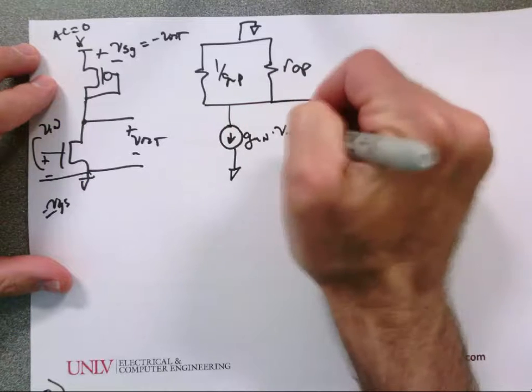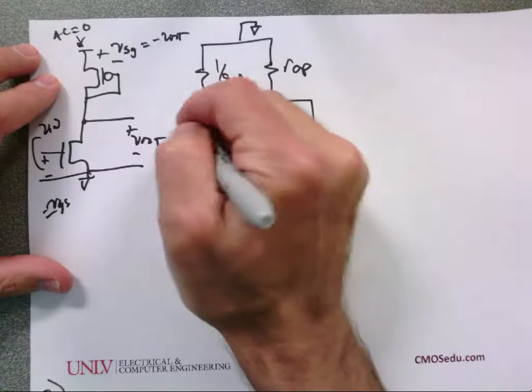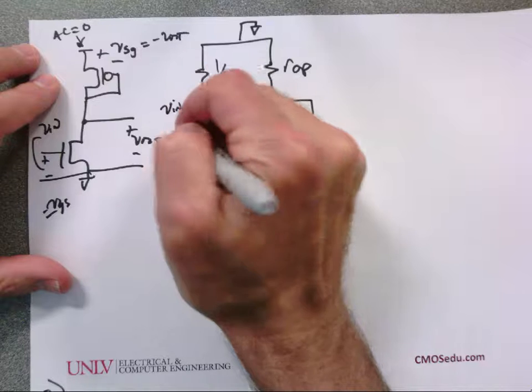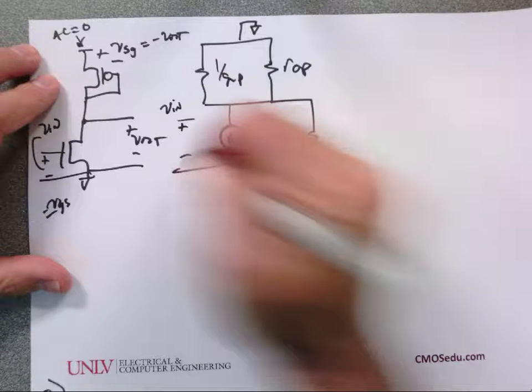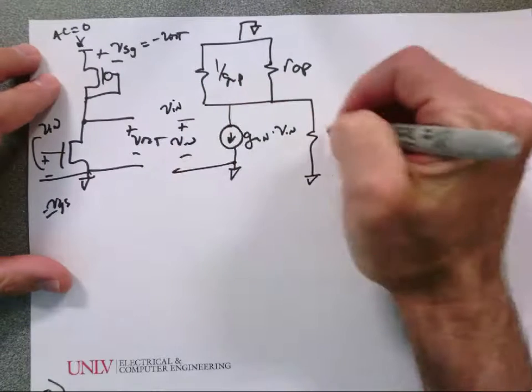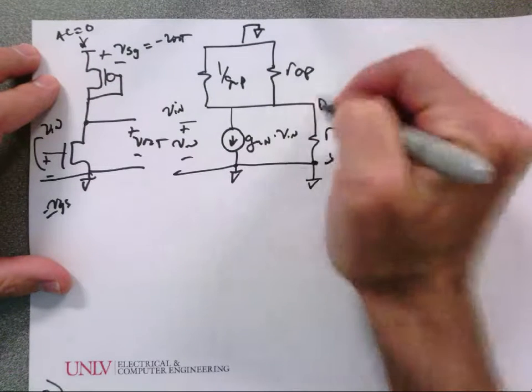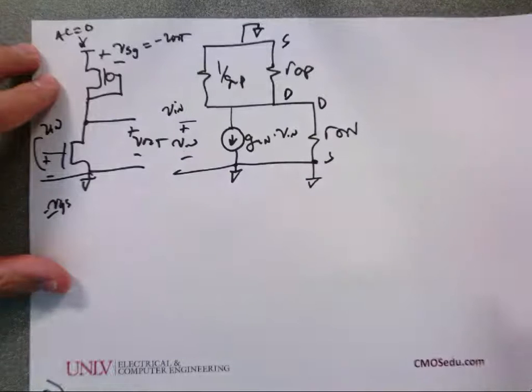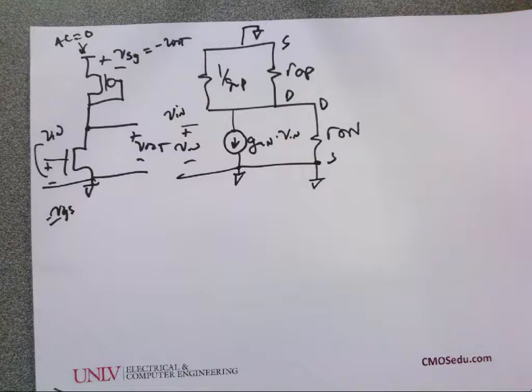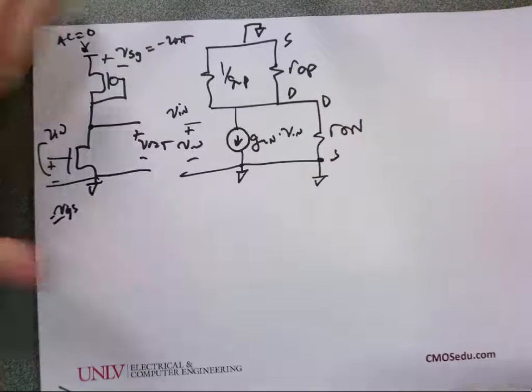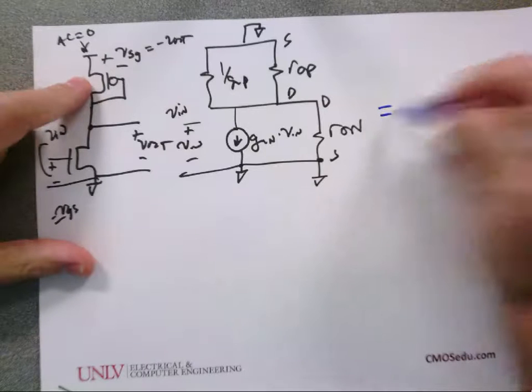And shunting that, I'm going to have R out N. And these, of course, are shorted together. That's the source, drain, drain, source. So far, so good. Would everybody be cool if I rewrote this?